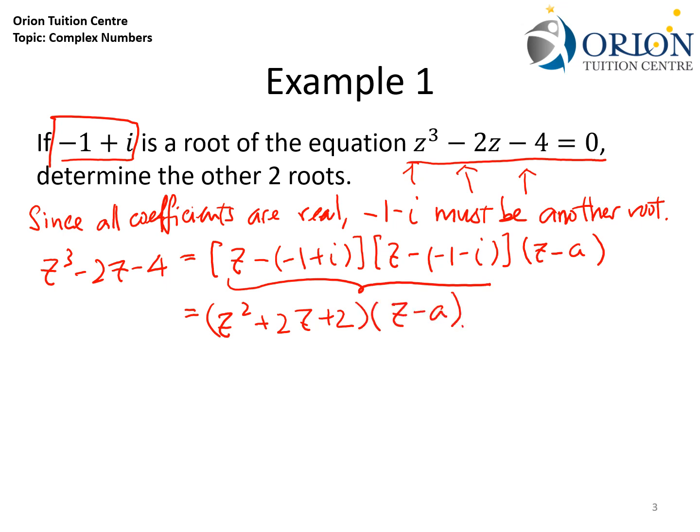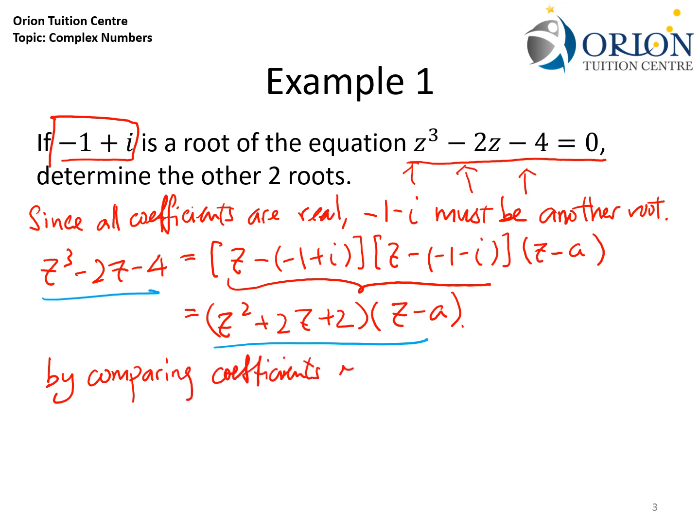Since we know that these two expressions are equivalent, we can do a comparing of coefficients. And therefore, by comparing the coefficients of the constant, which is z power 0, negative 4 must be equal to negative 2a, and therefore we get a equals 2.